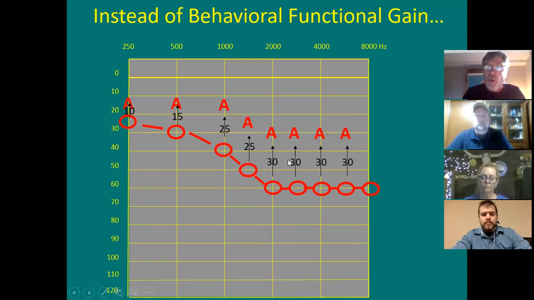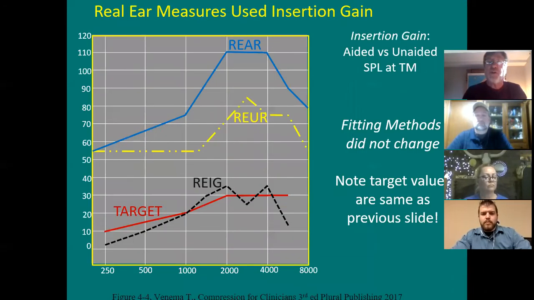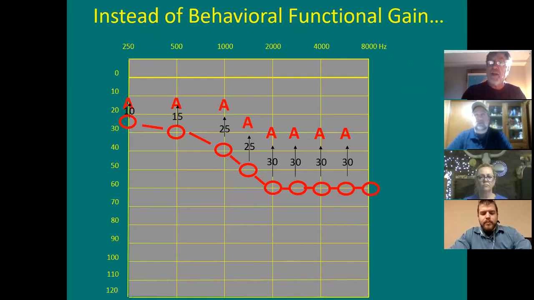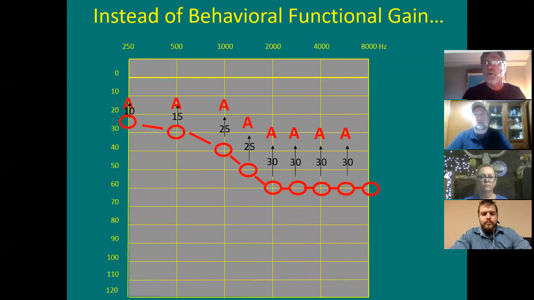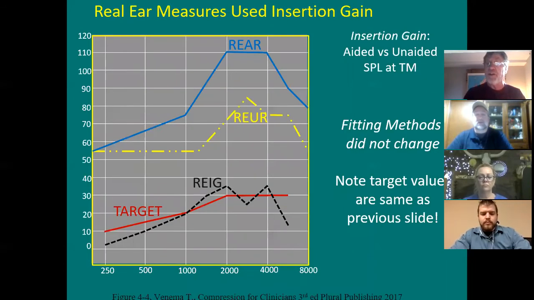The amount by which you wanted to amplify with functional gain was identical to the amount that you wanted to amplify with insertion gain. Only this was behavioral and this was non-behavioral. This required the client to sit there and do his hearing thresholds again, and this one didn't.